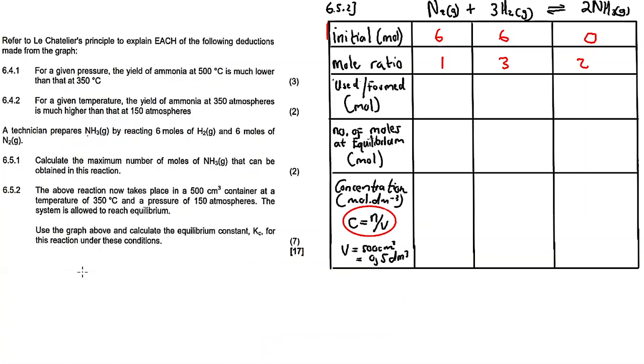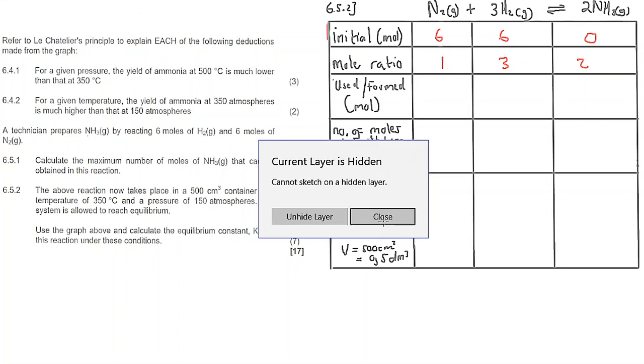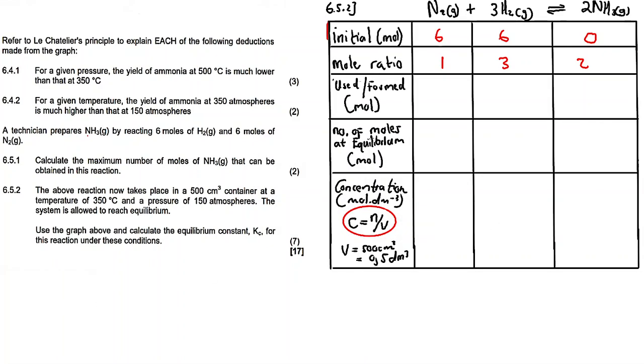So the percentage yield is 35%. Therefore it simply means that the formed amount is 35% of the maximum amount, which is 4 moles. So it's 35 over 100 times 4.